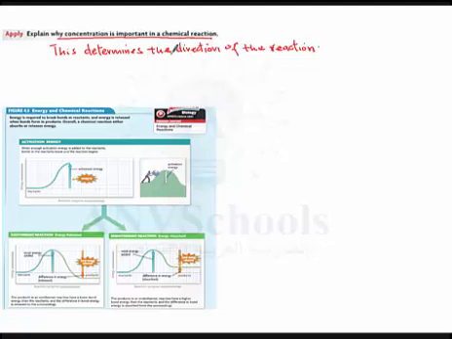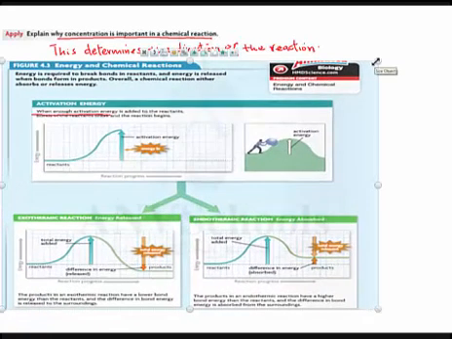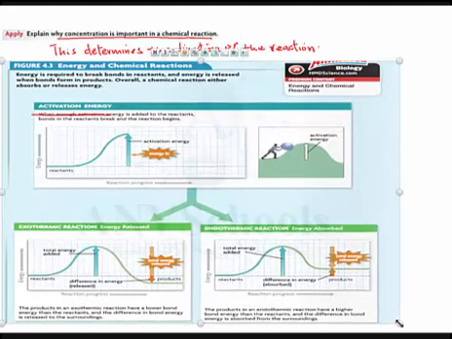All chemical reactions cannot take place unless there is energy. So, energy and chemical reactions. Without energy, chemical reactions will not take place. Let's look at this diagram clearly; it will help us understand this.